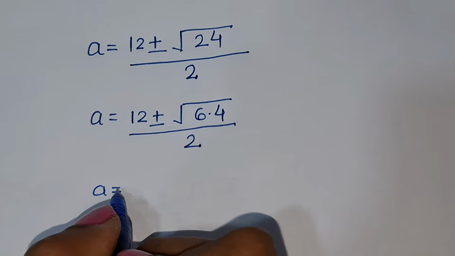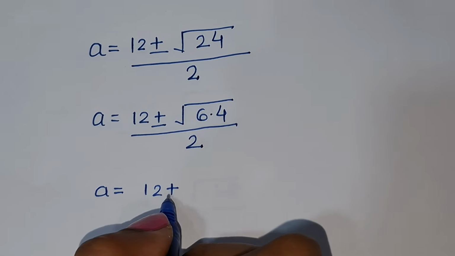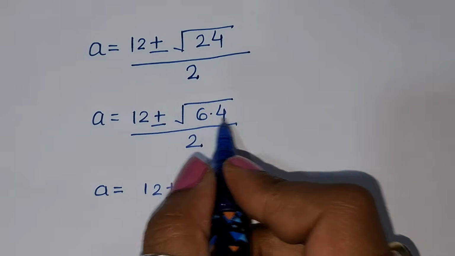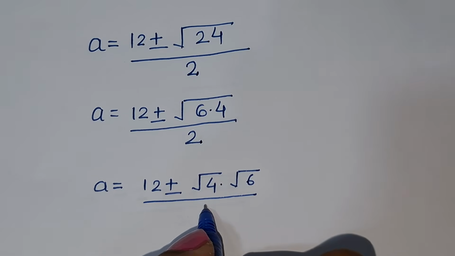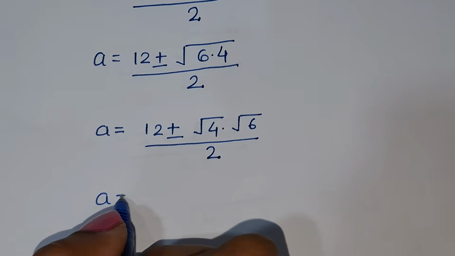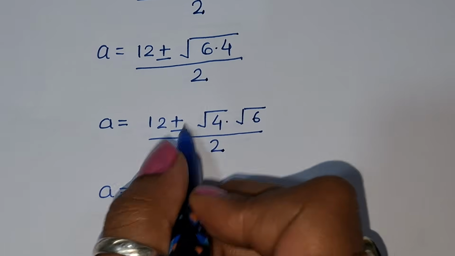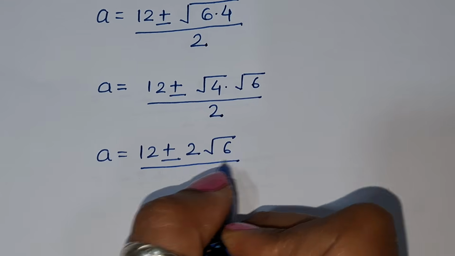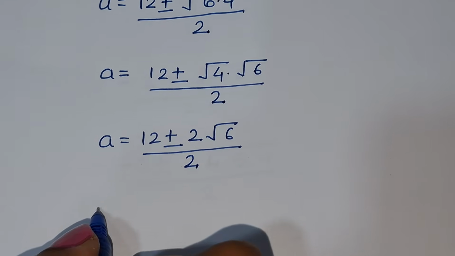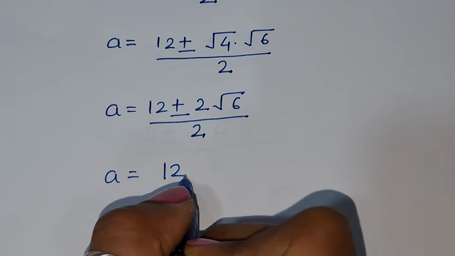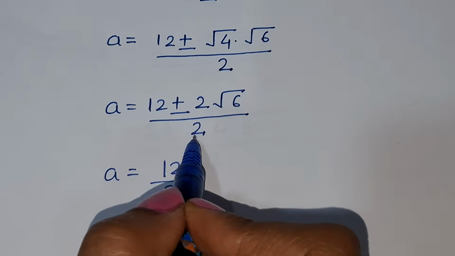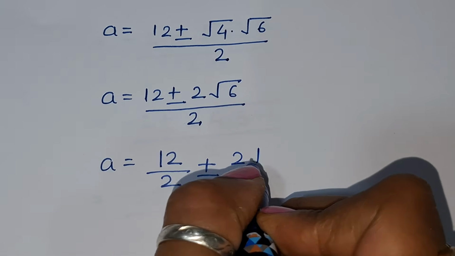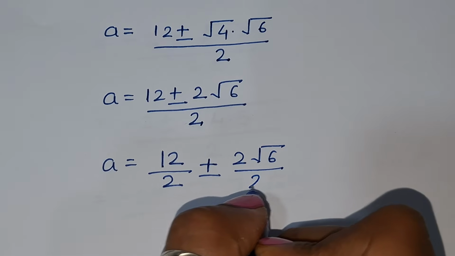A is equal to 12 plus minus square root of 4 times square root of 6, divided by 2. Square root of 4 is 2, so 2 square root of 6 divided by 2. Now a is equal to 12 divided by 2 plus minus 2 square root of 6 divided by 2.